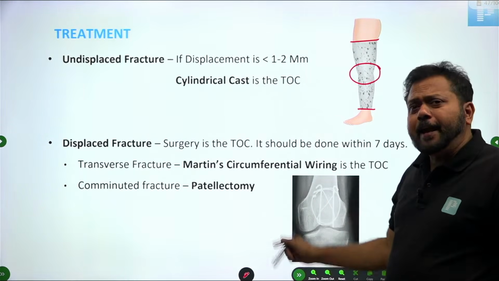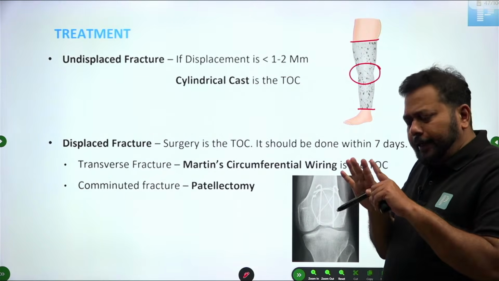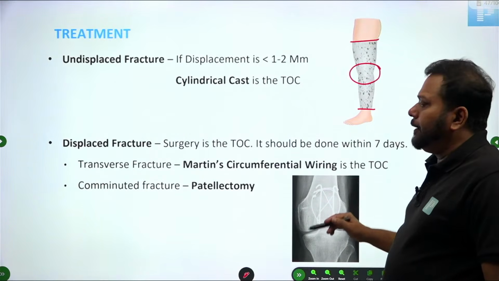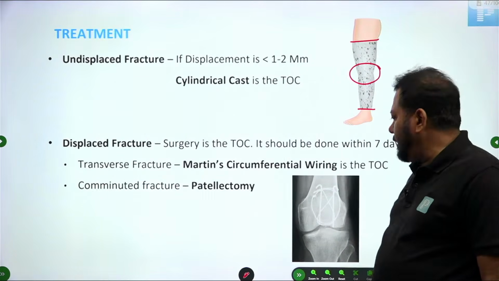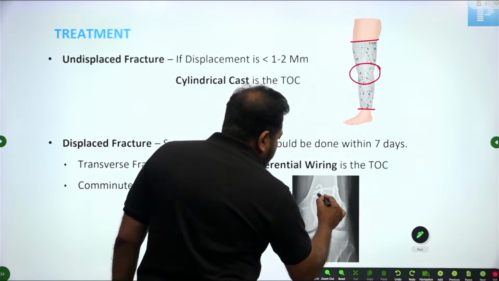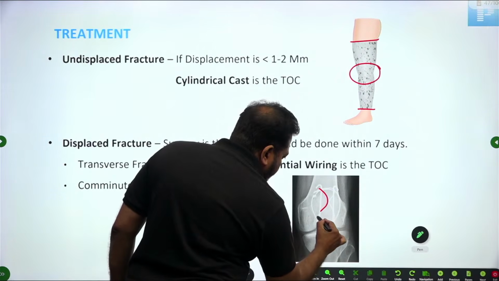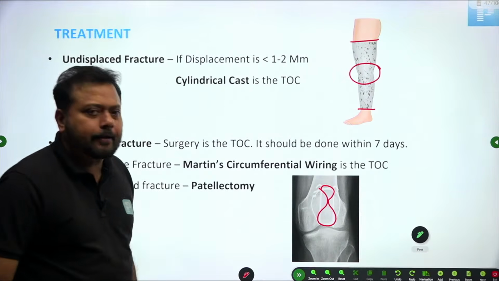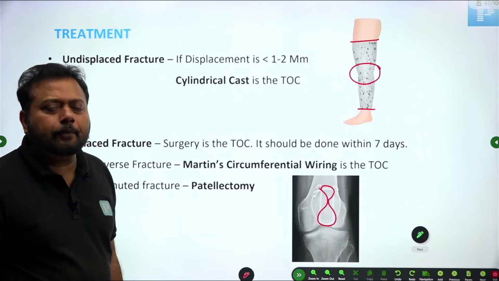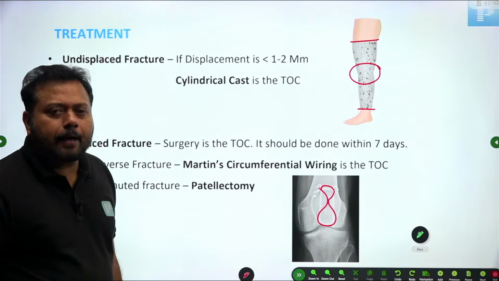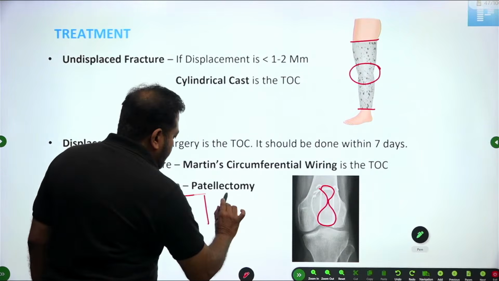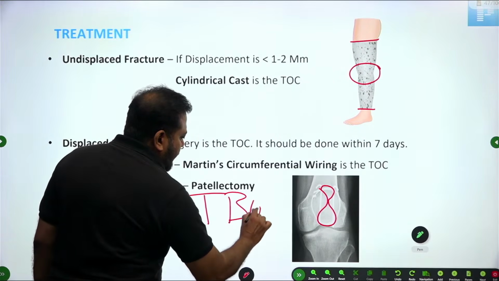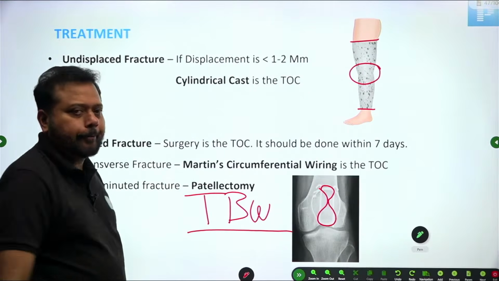When it is a displaced fracture, when the gap is more than 2 millimeter, surgery is the treatment of choice. The best treatment is to put the SS wire in a figure of 8 form. This is called Martin's circumferential tension band wiring, which is the gold standard treatment.